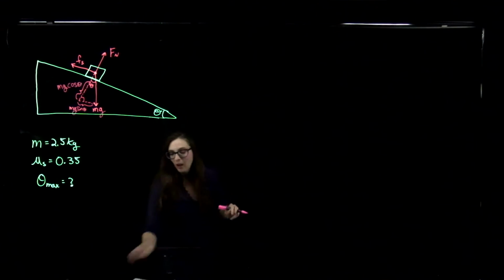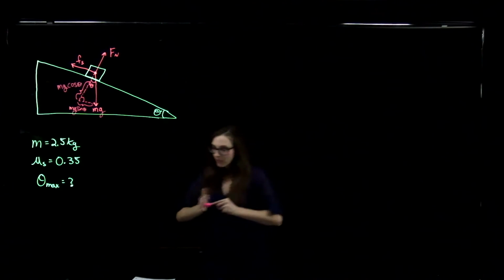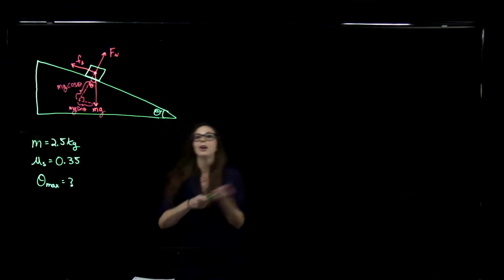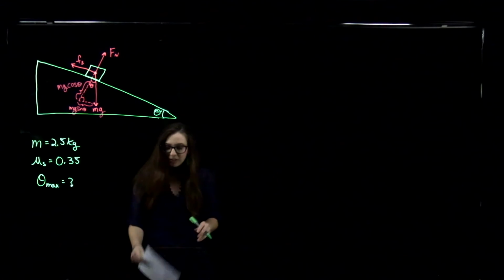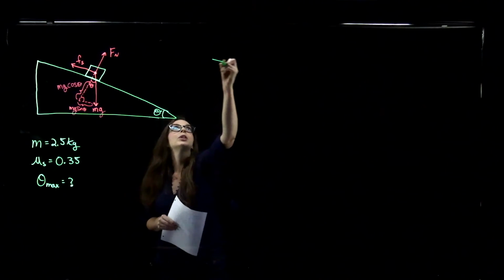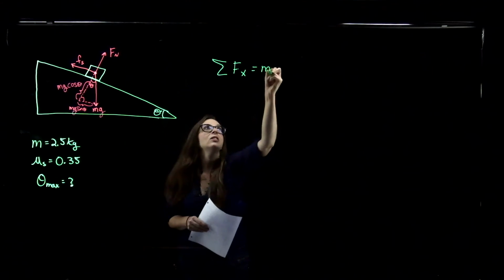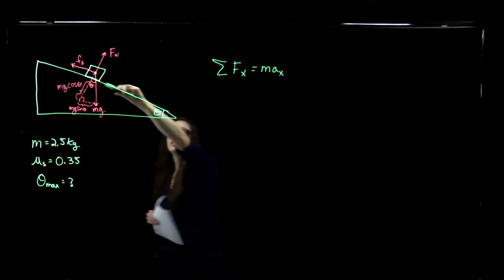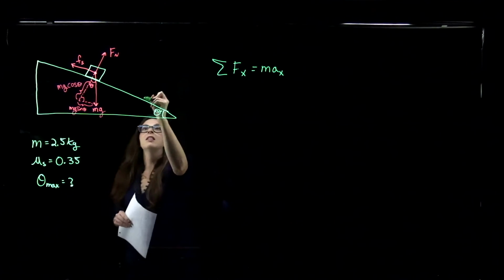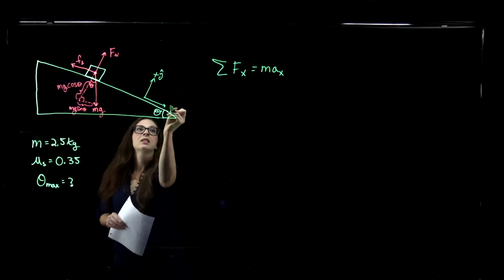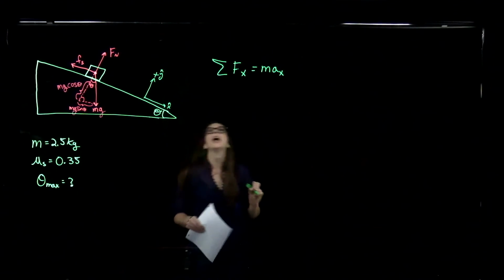Okay, so now we can solve Newton's second law for this problem. Let's start with the sum of all of our forces in the x direction must equal the mass times acceleration down the ramp. If I say that y is perpendicular to the ramp and x is down the ramp, okay?